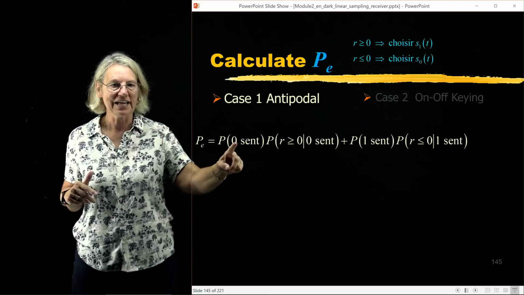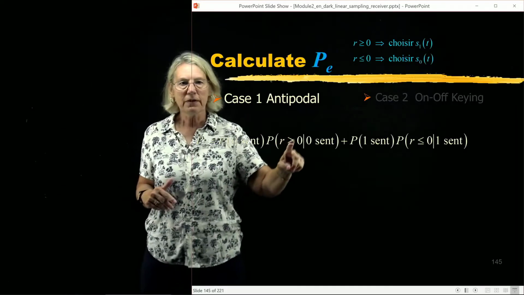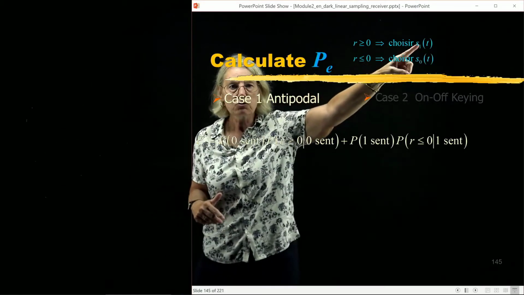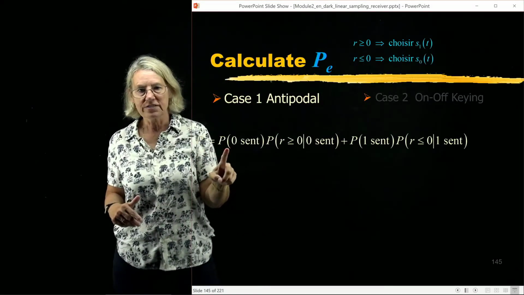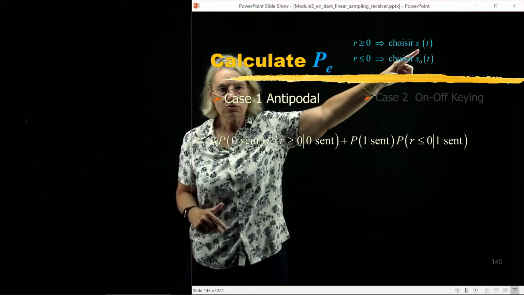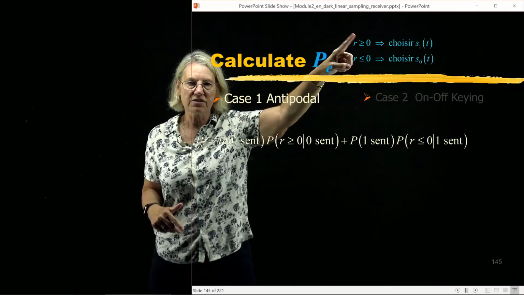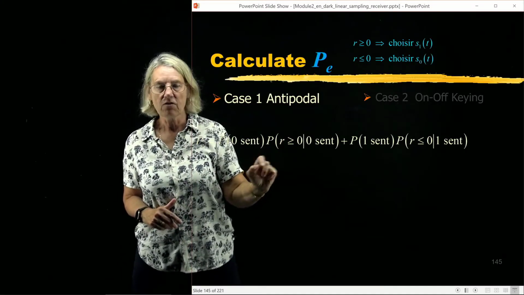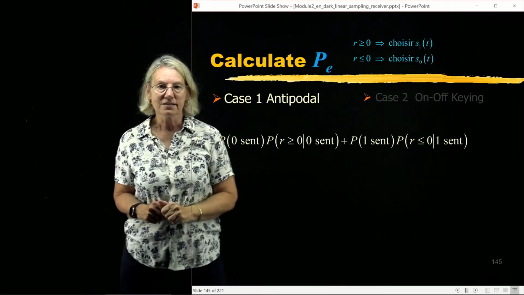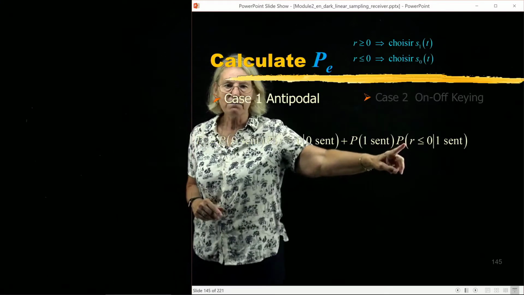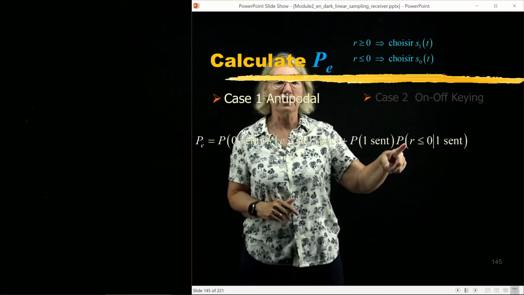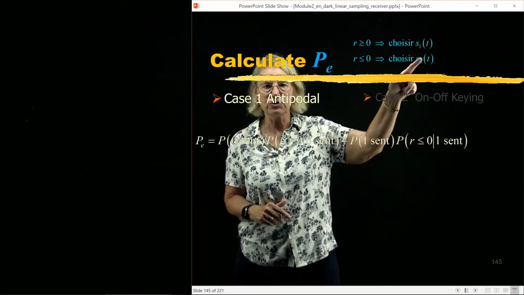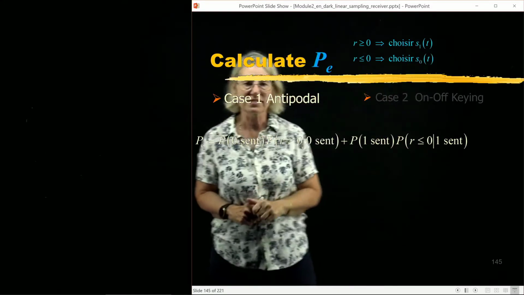Okay, so now what is the probability I will make a mistake if 0 is sent? If I make a mistake, that means I choose 1 even though 0 is sent. So when will I choose 1? Well, the only time I'll choose 1 is when r is greater than 0. So what I need here is the probability that r is greater than 0 given that 0 was sent. And this time, what I need is the probability that r is less than 0, that I choose 0 when actually 1 was sent.